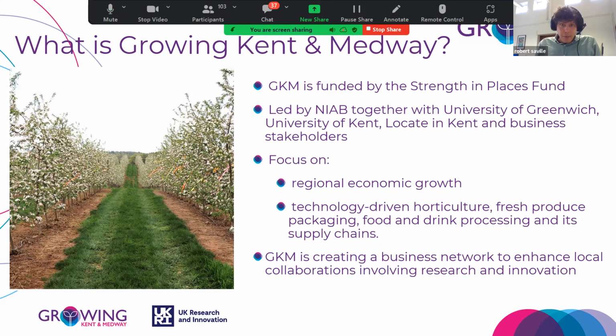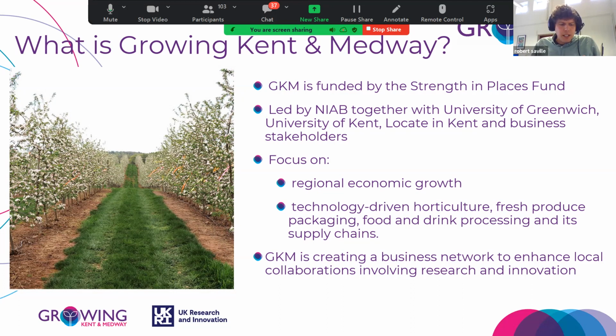The programme is led by NIAB, as Scott mentioned, and we have also teamed up with the University of Greenwich and Kent, together with Locating Kent and other business stakeholders, to create a nucleus of our research and enterprise support cluster. The cluster has a focus on boosting regional economic growth by uplifting Kent and Medway's economy through inclusive and innovation-led growth.